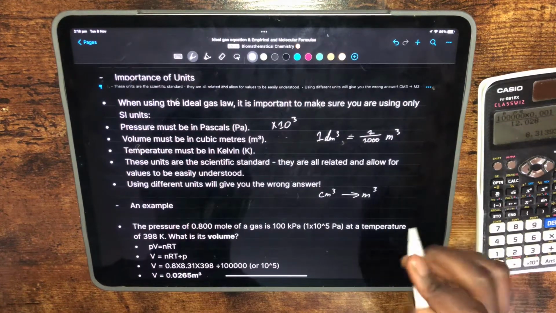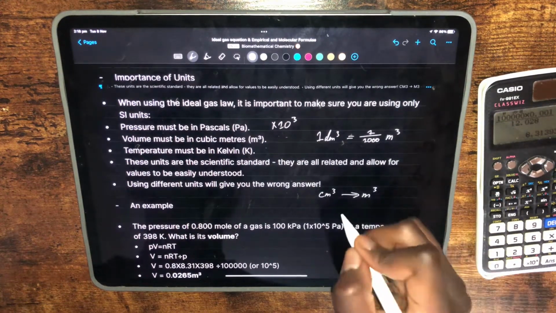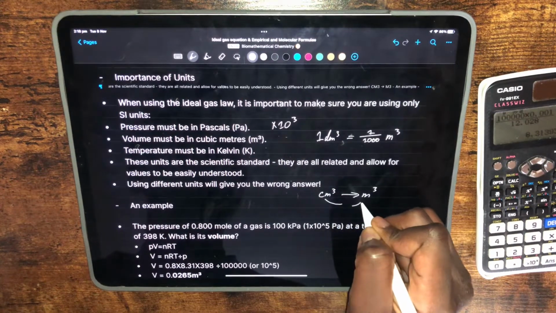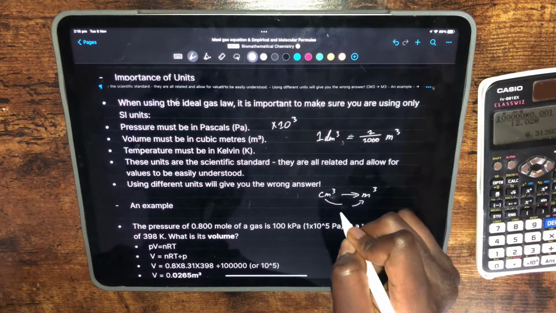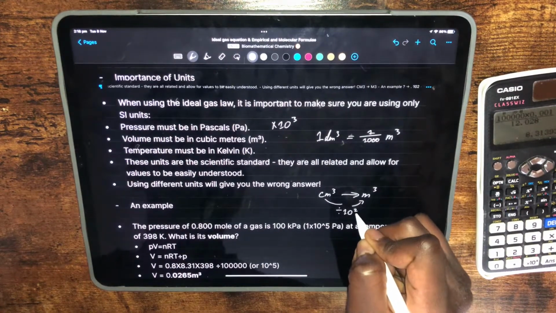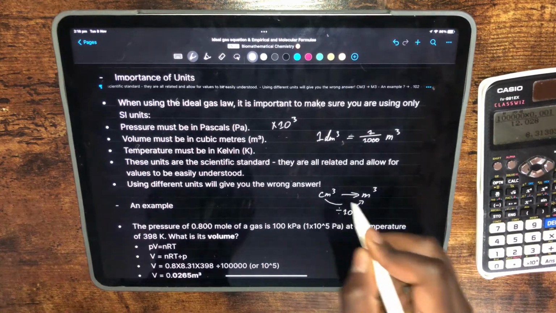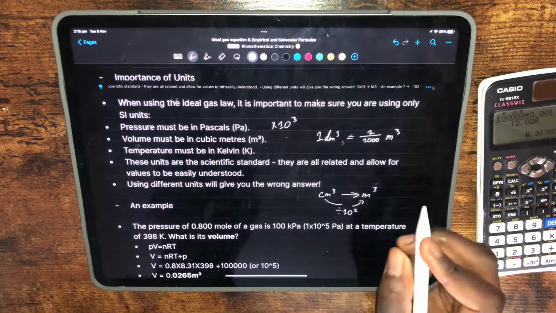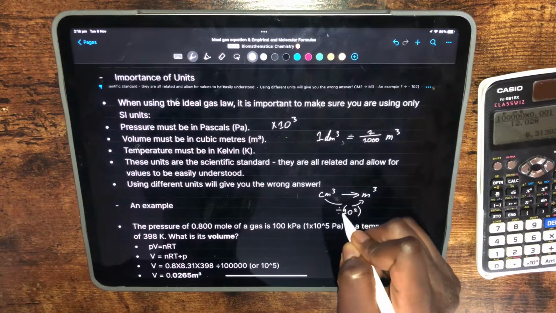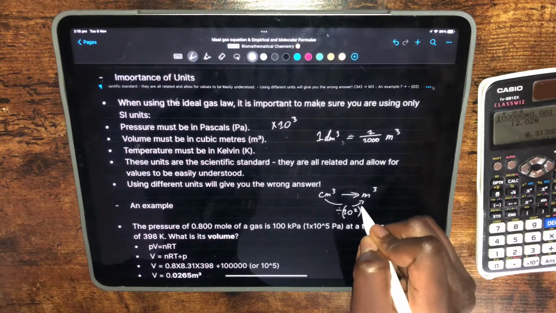So how you need to understand it is going from centimeters to meters, you're dividing by 10 squared. But that's from centimeters to meters. Now, if you're going from the volume, you would cube your 10 squared.